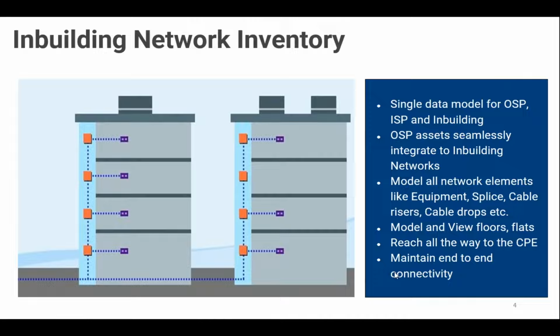So irrespective of which area you're working in, whether inside an exchange building, a customer multiple dwelling unit, or on OSP assets, one single solution helps to plan, record, and inventorize all your network elements. So that's the objective of the in-building inventory solution.